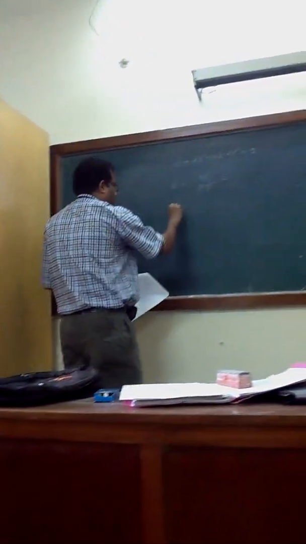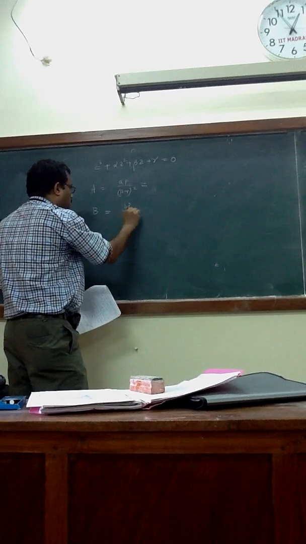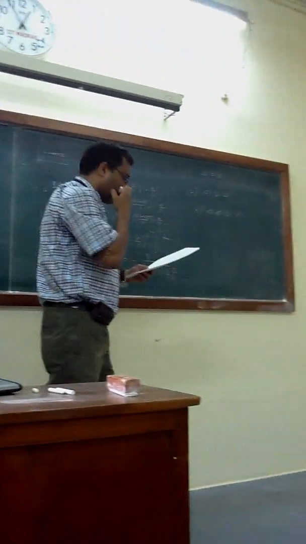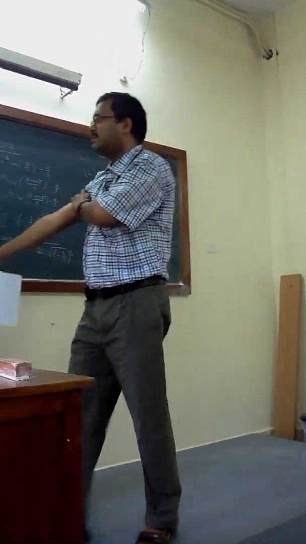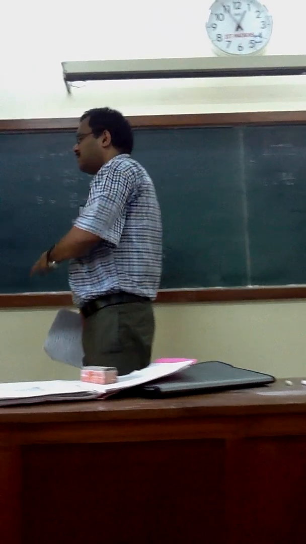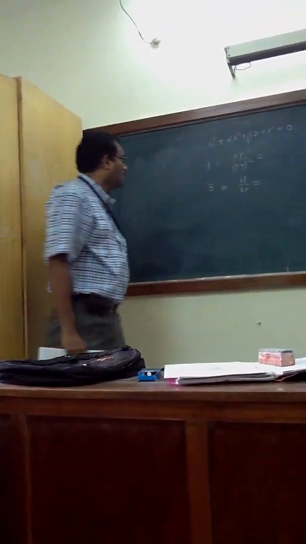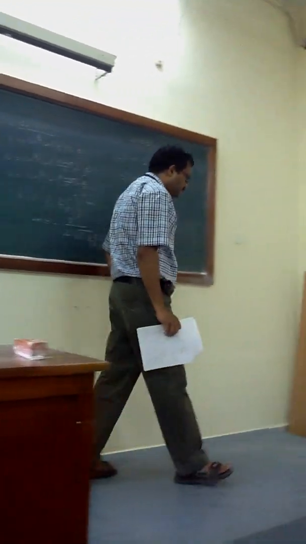And then you do capital B, which is BP by RT. A is AP by RT whole square and capital B is BP by RT.